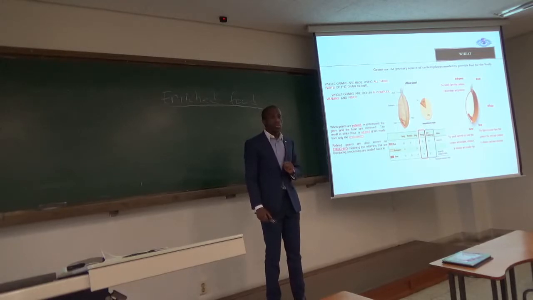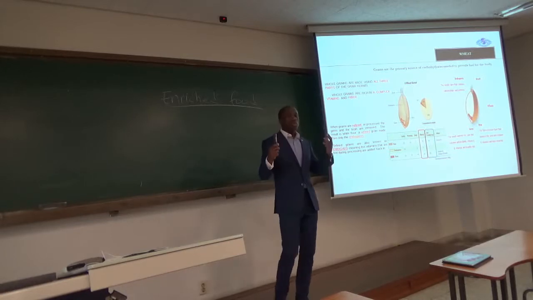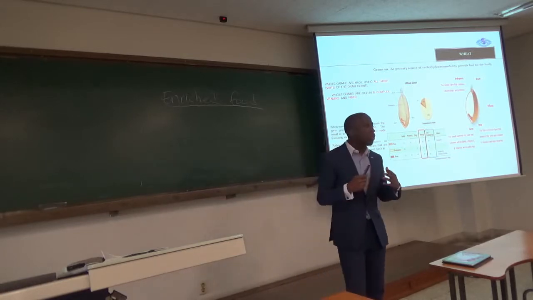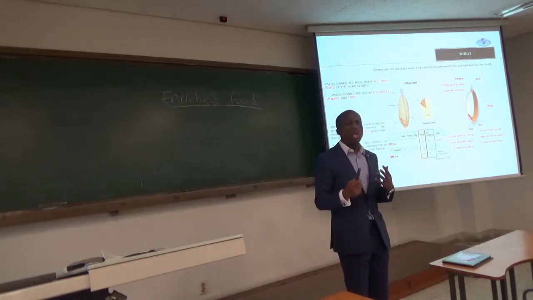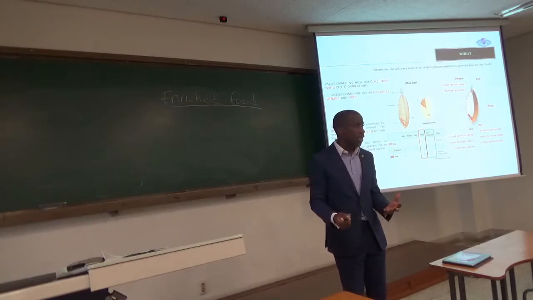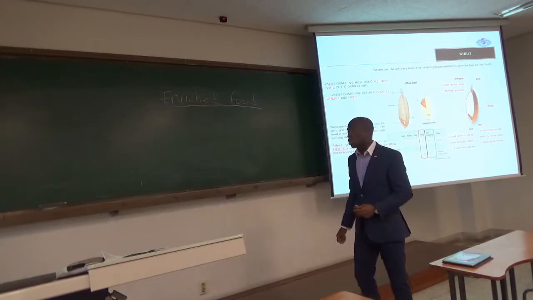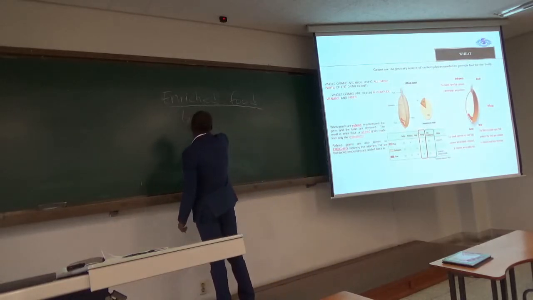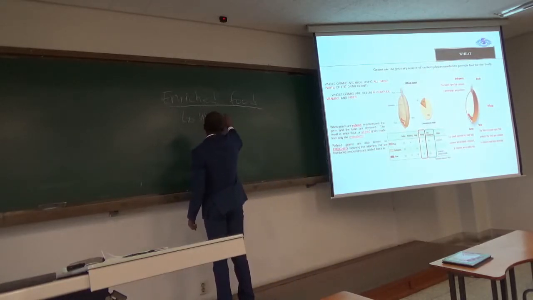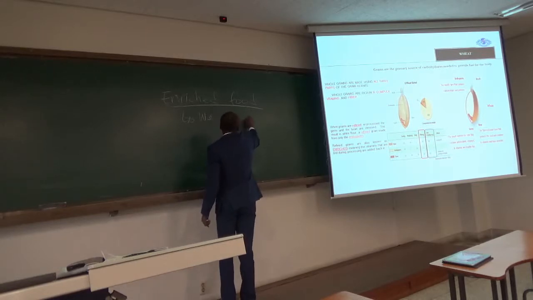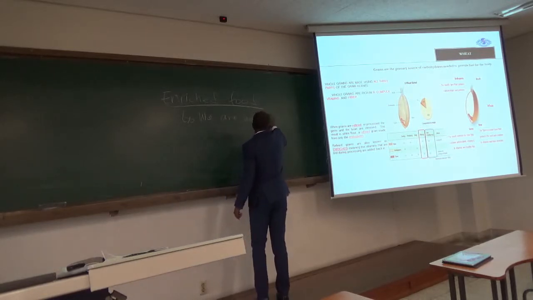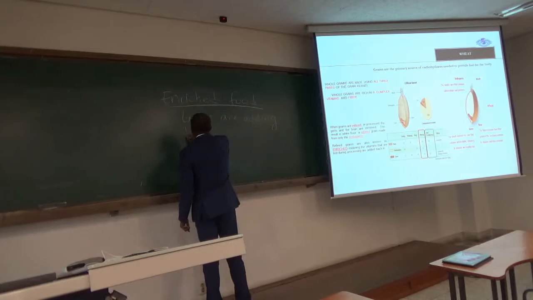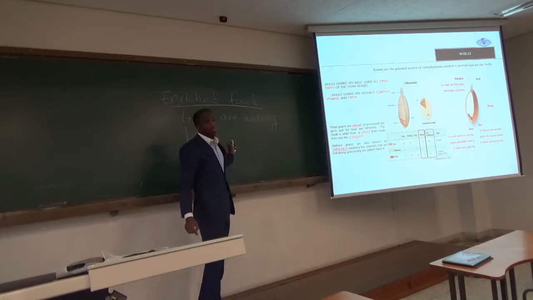I'm going to write on the board. Just have the vision again of this refined grain that lost some vitamins, some nutrients. So then what do we do? Enriched food means we are adding back, very important, we are adding back.